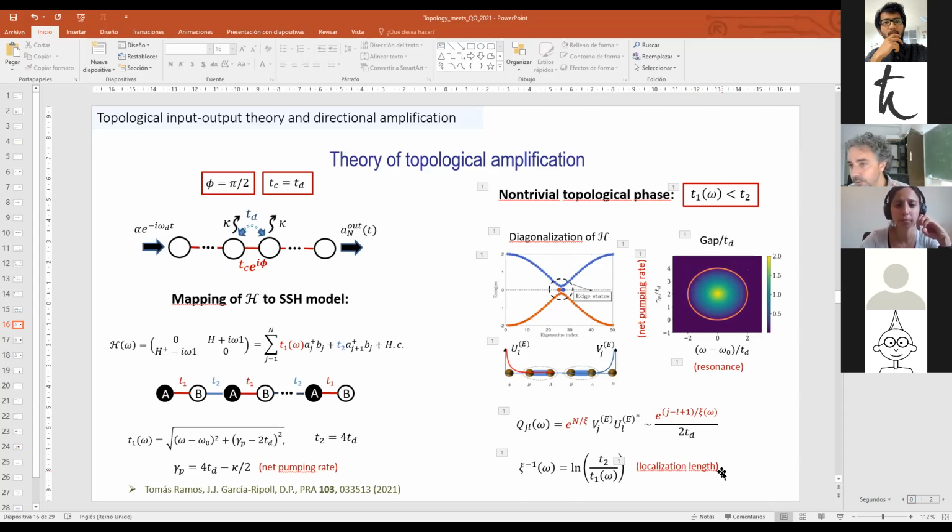This is just something that we don't know how to do yet, but if you take the continuum limit appropriately, then you have to find that the two things are the same, that both directional amplification conditions can be mapped into each other. There has to be a way to rewrite these conditions.